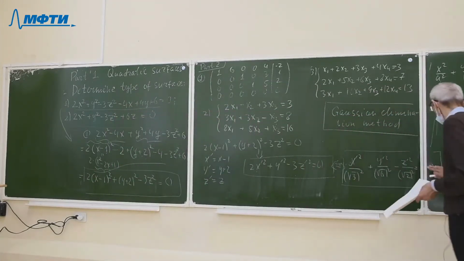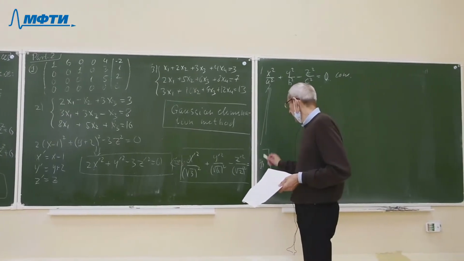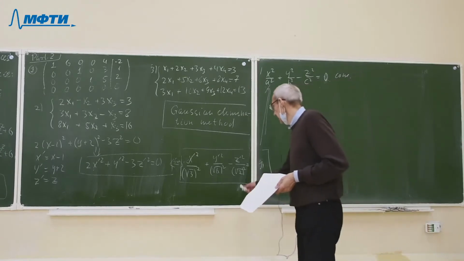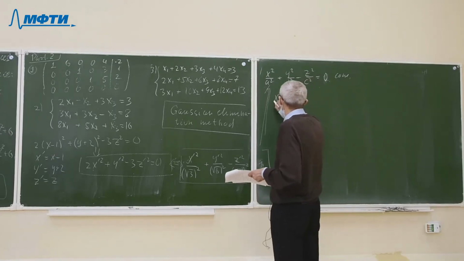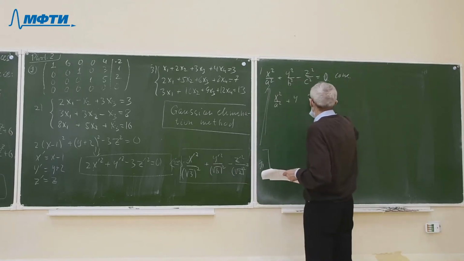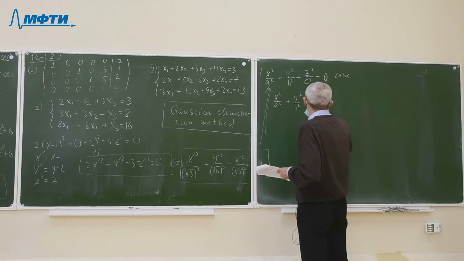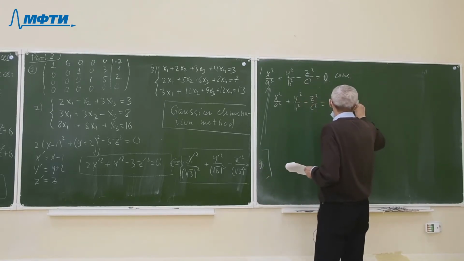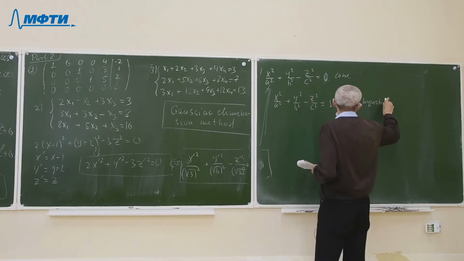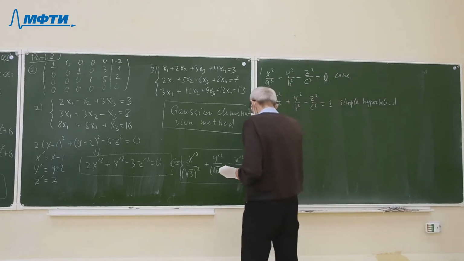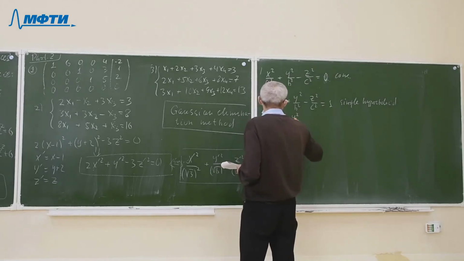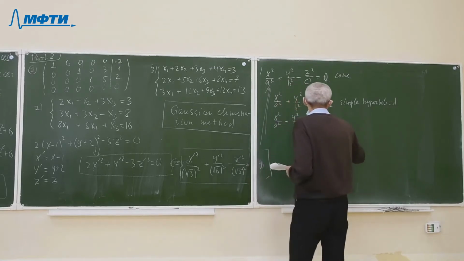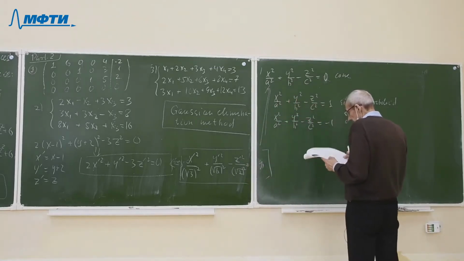If the right side is some positive number, in this case we obtain the simple hyperboloid. If it is negative, the double hyperboloid.